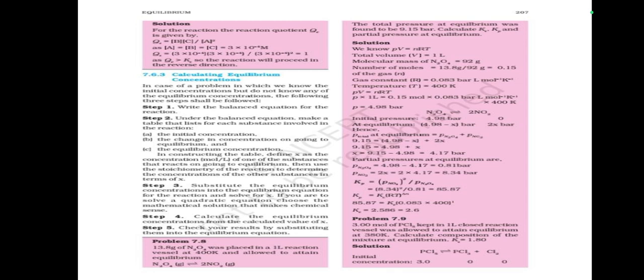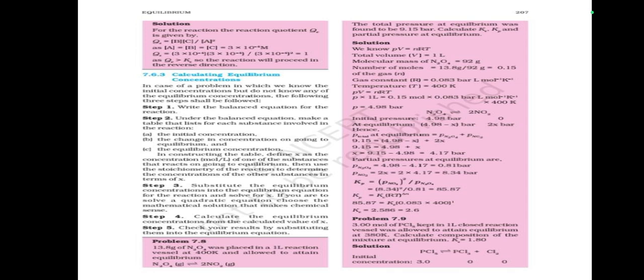In constructing the table, define x as the concentration, mole per liter, of one of the substances that reacts on going to equilibrium. Then use the stoichiometry of the reaction to determine the concentration of the other substances in terms of x. Step 3, substitute the equilibrium concentrations into the equilibrium equation for the reaction and solve for x.